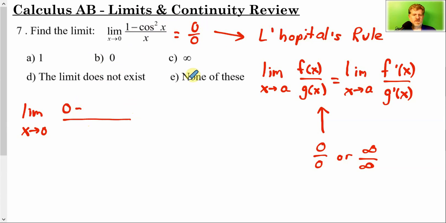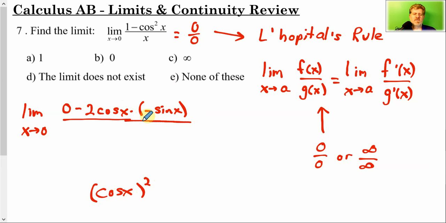Remember, cosine squared of x really just means cosine of x, squared. So the derivative is, we drop the 2 in front, and then what's the derivative of the inside? What's the derivative of cosine? Well, it's negative sine. That's the top.